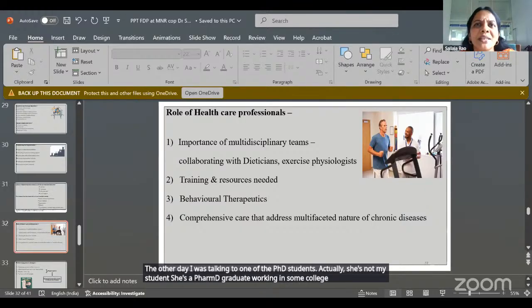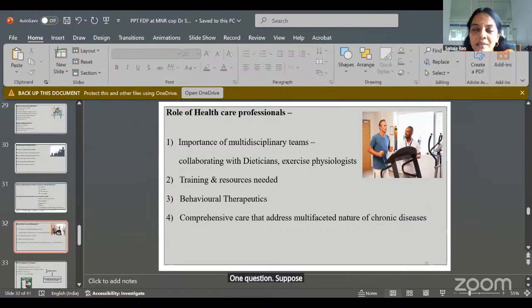I was discussing urinary tract infections with her. Then I asked her one question: suppose a patient comes to you with a urinary tract infection, or your family member is complaining about a UTI, what will you suggest? Of course, we get the urine tested, we get the culture tested. Before that, what do you suggest? Will you give medication? Then she said, no, ma'am, I will never give medicine to my family.